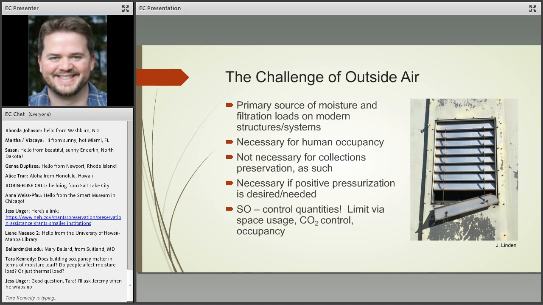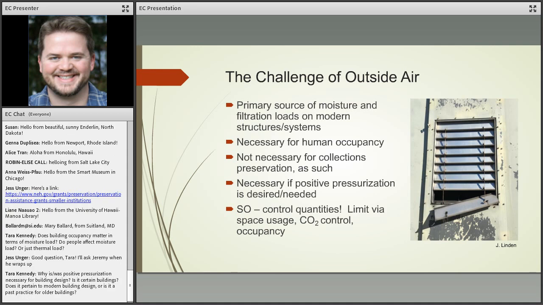Carbon dioxide monitors and controls are one way of looking at this, especially from an occupancy perspective. And recognizing that control in and of itself, we talked a few minutes ago about how control really varies and that things can go wrong quickly. That image at right is the outside air damper going into a rooftop unit for a mechanical system here on the West Coast. Does that look like it's functioning properly?